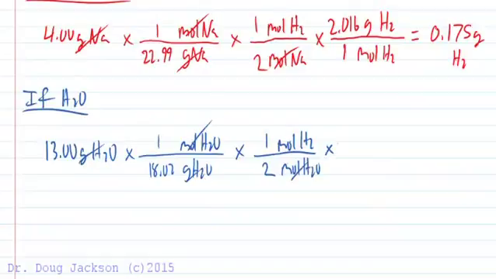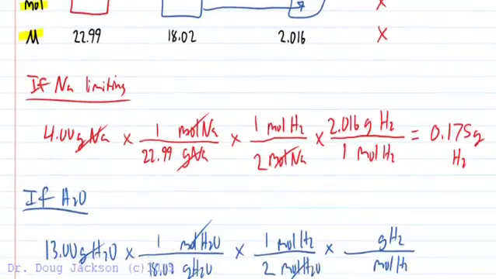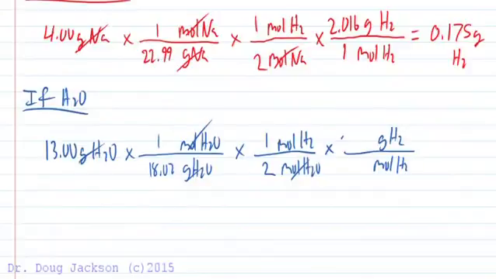Grams, grams, moles, moles. We want to get rid of moles of H2 and get grams of H2 from the theoretical yield. And what do we have? Well, grams of H2, molar mass is 2.016, just like before, per 1 mole. And let's see what our theoretical yield is.